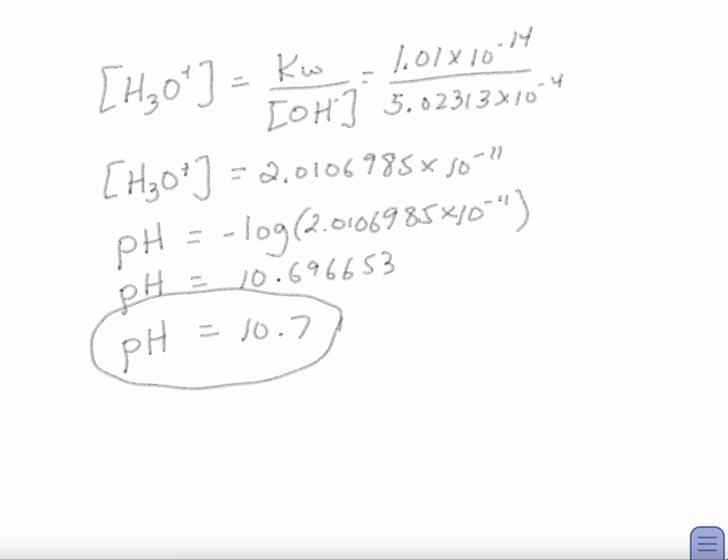And the water constant we know, you can look it up, 1.01 times 10 to the negative 14, divided by our concentration of hydroxide gives you our hydronium. Take the negative log of that, and I think they ask for 1 decimal place.